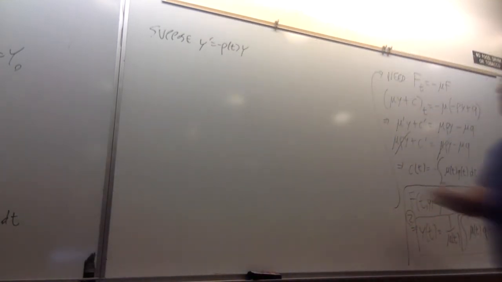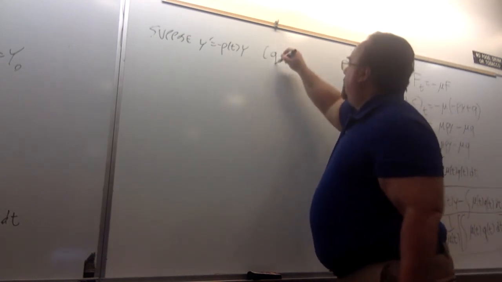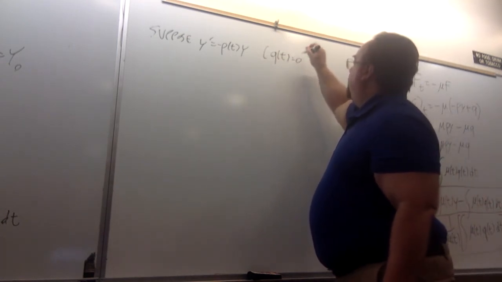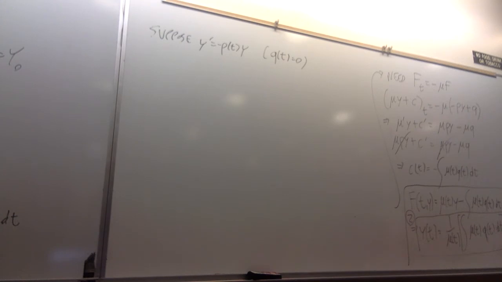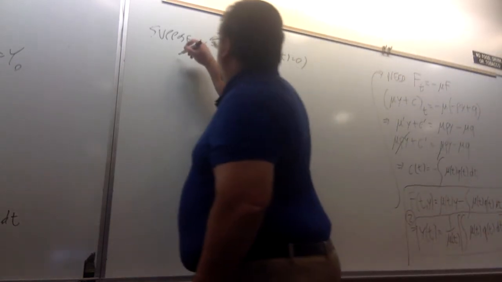In other words, I've set q of t equal to 0. So it's still a linear equation, just a simpler one. But what other kind of equation is this, besides linear, that we've seen? Yes. So an equation like this is both kinds.